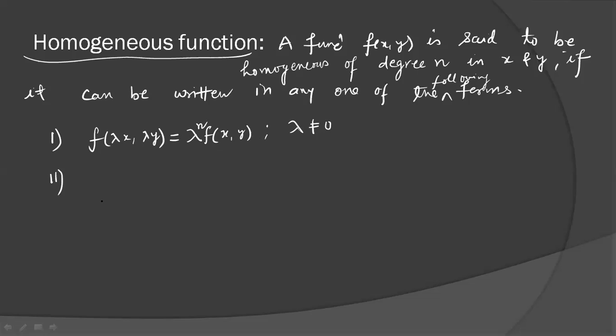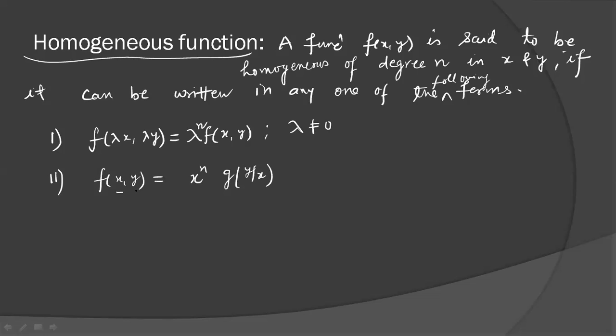Second is, if lambda is 0, then you will get f(0, 0) equal to f(0, 0). That is true also, I think. But we are checking degree for lambda not equal to 0. Or f(x, y) can be written as x to the power n times g of y over x.